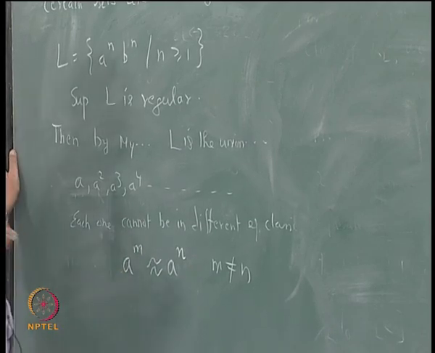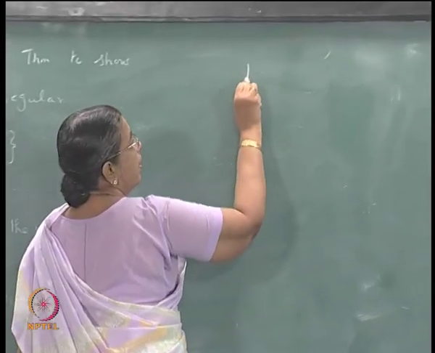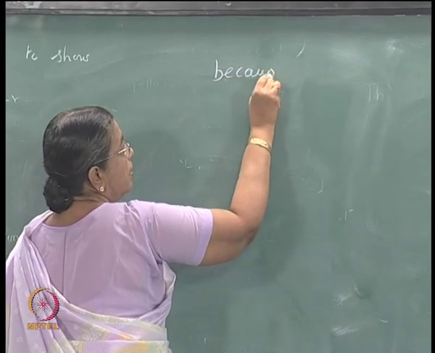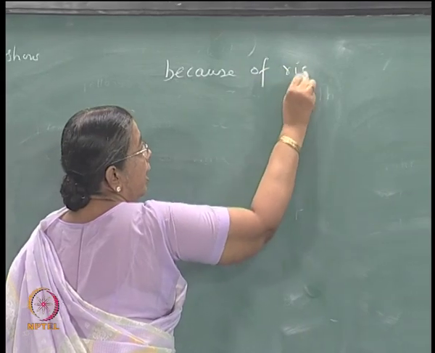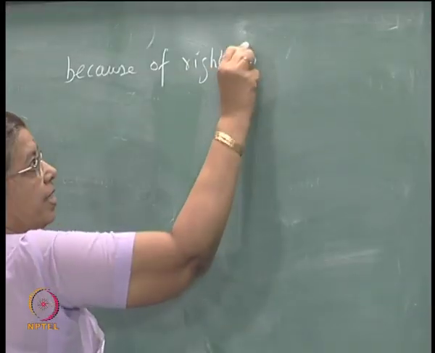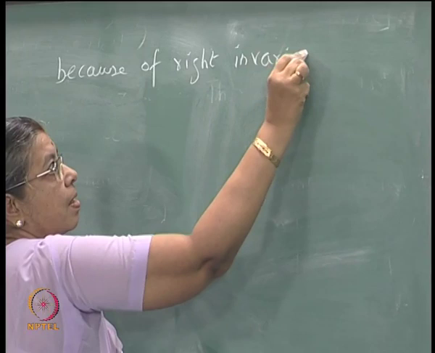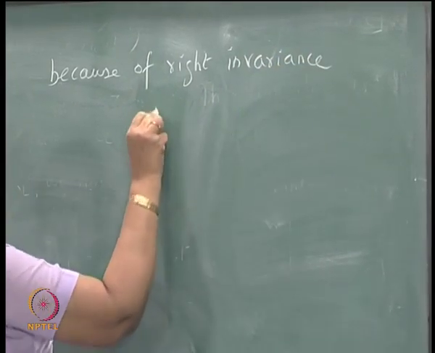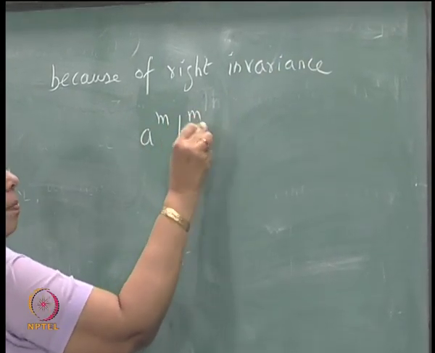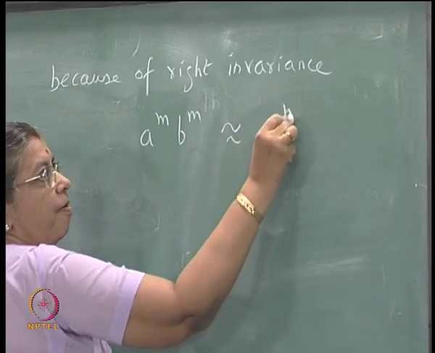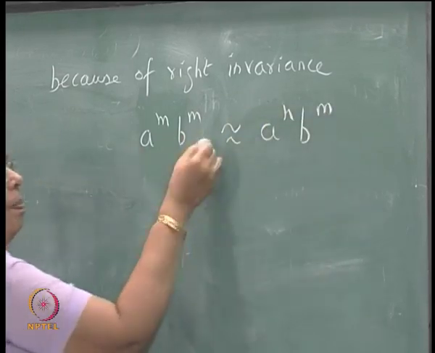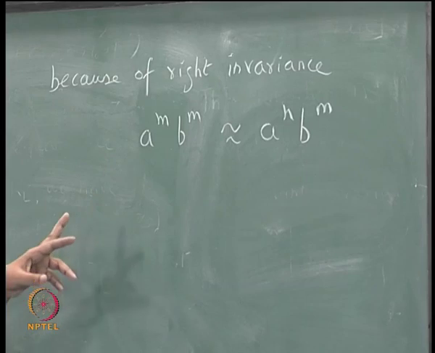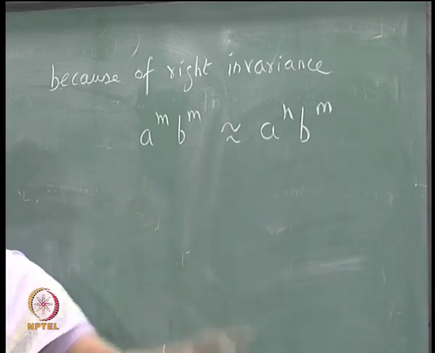Now, because of right invariance, what do you have? a power m b power m and a power n concatenated with b power m, these two will be in the same equivalence class.